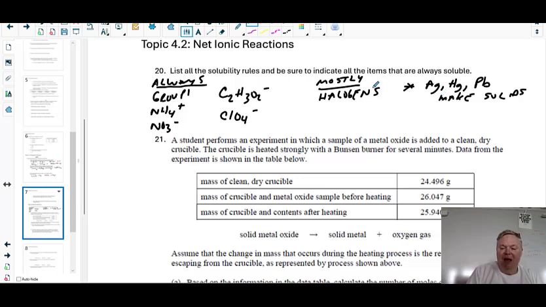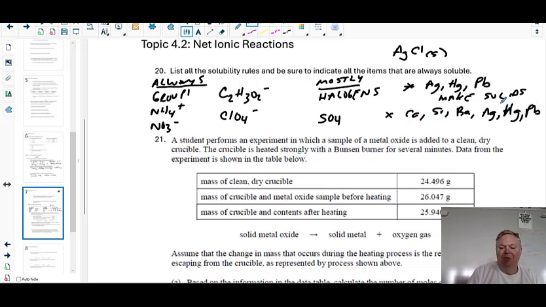If it's a halogen with silver, for instance, AgCl would not dissolve in water because it's a halogen with silver. And then we also have our sulfates, which are mostly always soluble with the exception of calcium, strontium, barium, and then we have silver, lead, and mercury.